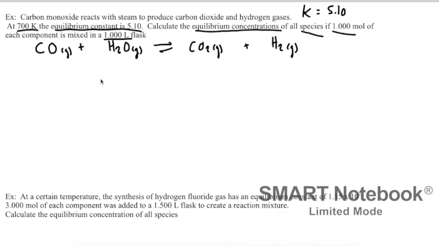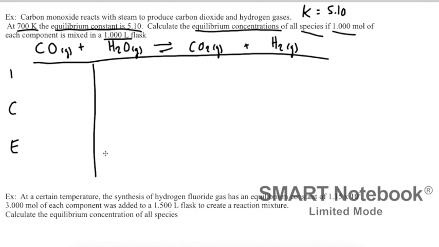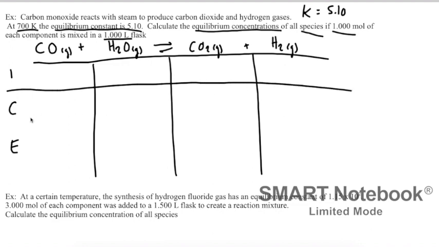So here's how this is going to go. I'm going to set up an ICE table. It's going to correspond with my reaction system, my equation: I, C, E. This is going to allow me to organize my knowns and my unknowns for all of these chemical species, all of these substances.